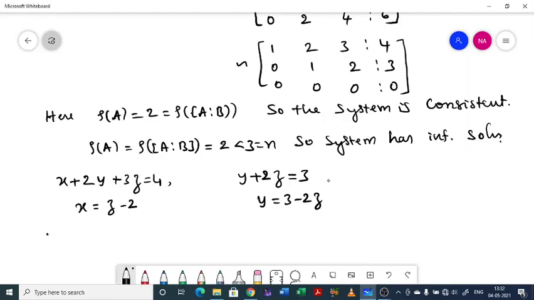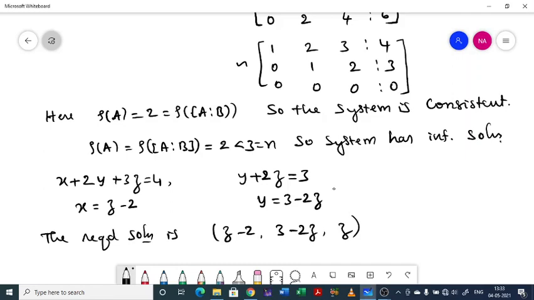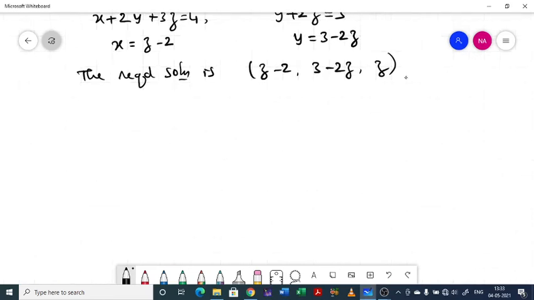The required solution is z minus 2 comma 3 minus 2z comma z. So again we got the infinitely many solutions case.